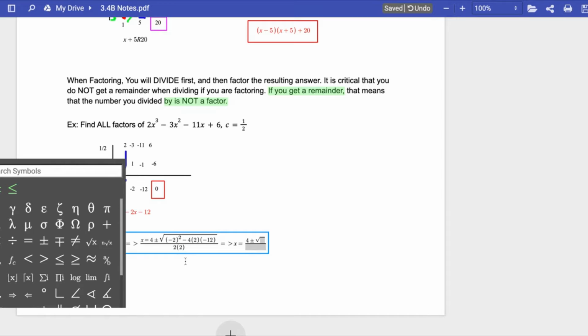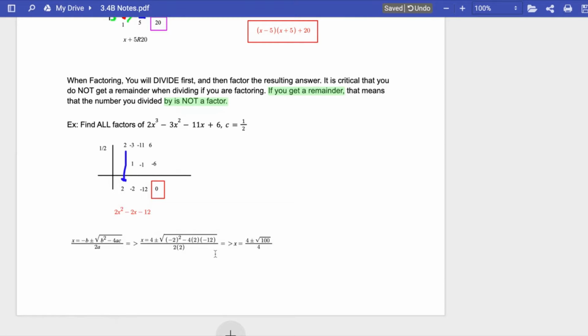So I'm having 4 plus whatever 8 times 12 is, so 4 plus 96, which is 100. All over 4. Okay, and then, is that right? Sorry, 96. Yeah, it's still 100. All right, sorry, brain fart.